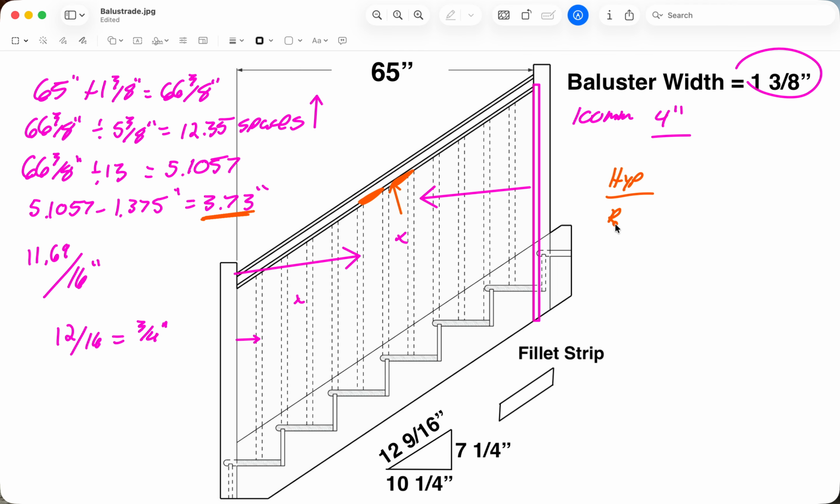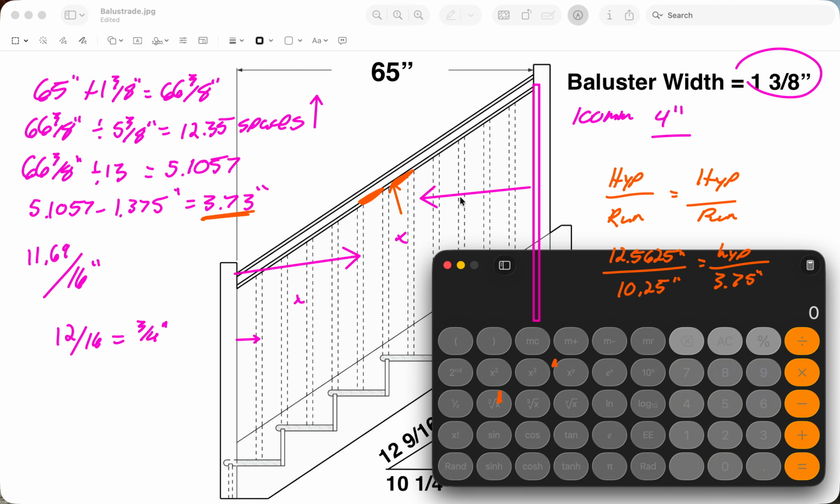So we can use this formula: hypotenuse over run is equal to hypotenuse over run. In this case, we have the known hypotenuse and run, so we're going with 12.5625 over 10.25, and we're looking for the hypotenuse of our fillet strip, the length from here to here, where our run is 3 3/4, or 3.75. So we cross multiply and divide.